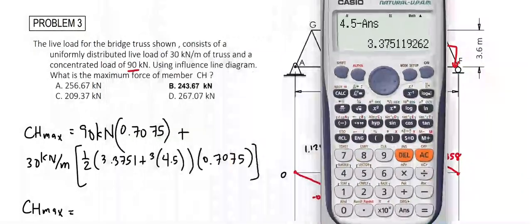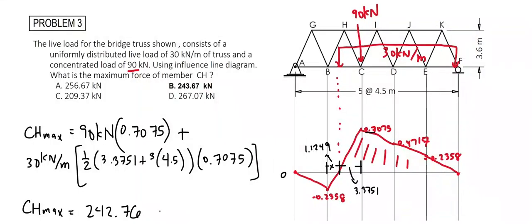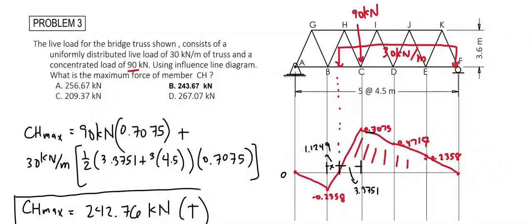Solving, we get a value of 242.76 kilonewtons. Since this value is positive, CH is experiencing a tensile force. And this is our final answer for this problem.